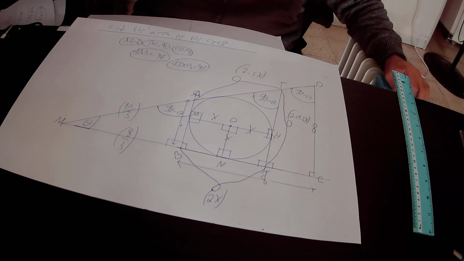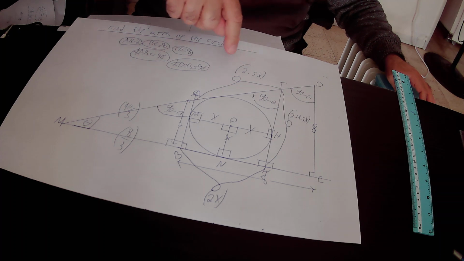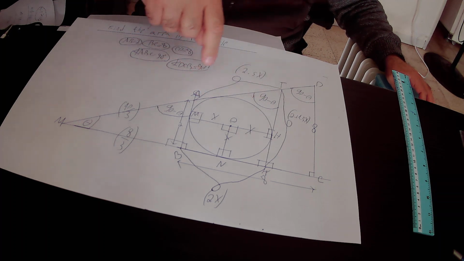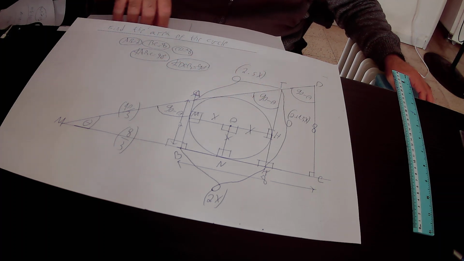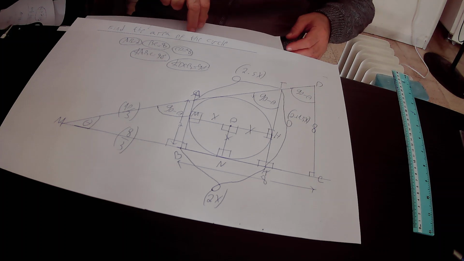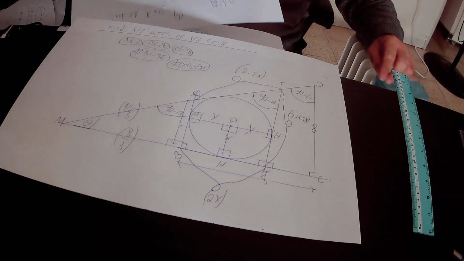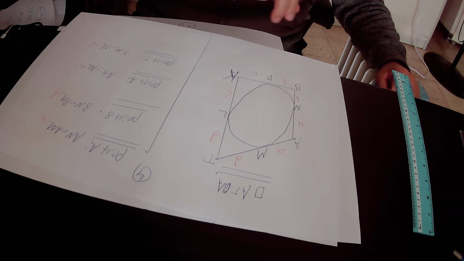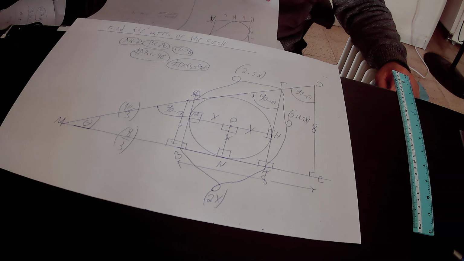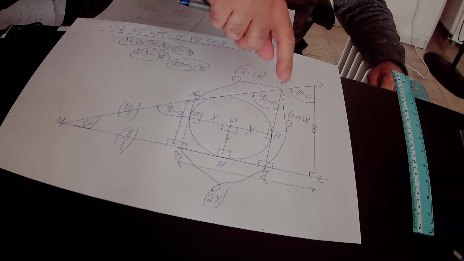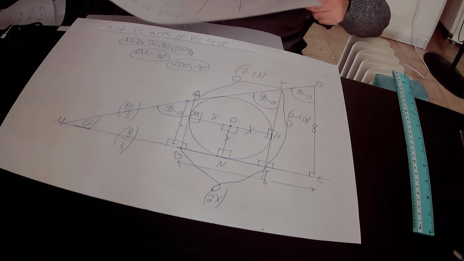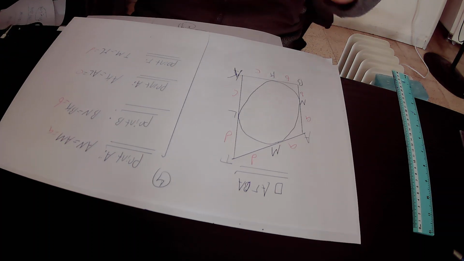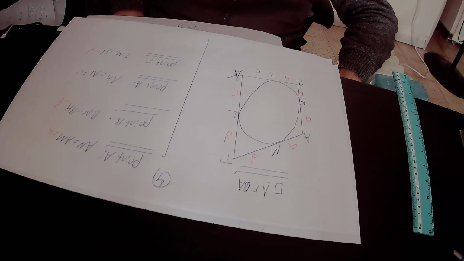Then I copied the quadrilateral ATKB here in the new page. This is the quadrilateral ATBK that I copied from the original drawing. This quadrilateral ATBK encloses a circle, so I copied the circle here in the new drawing.